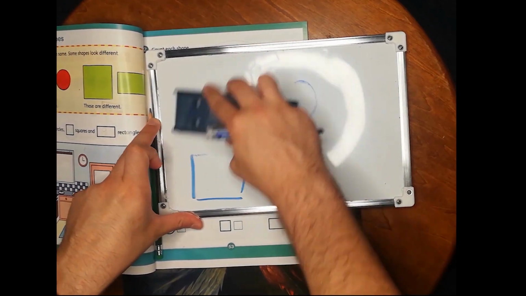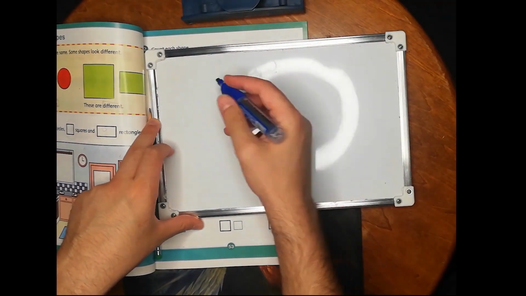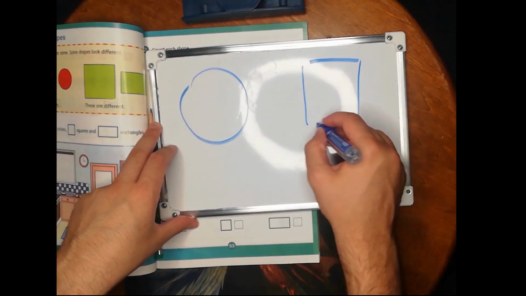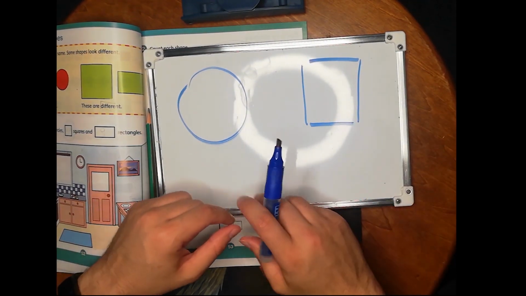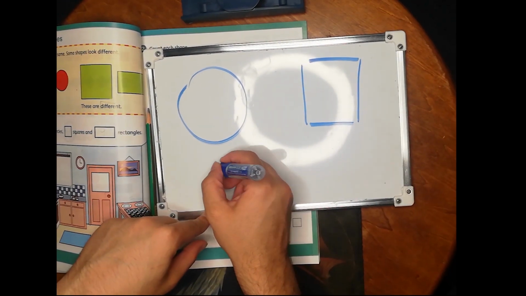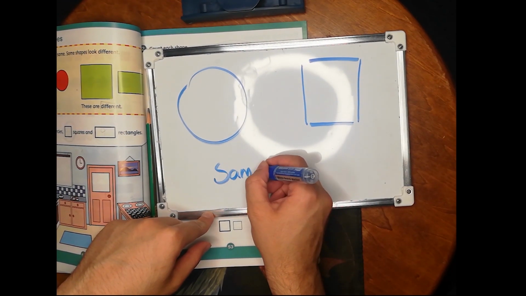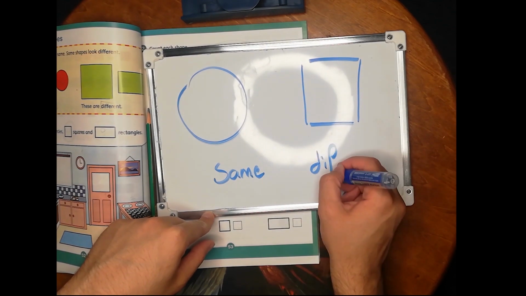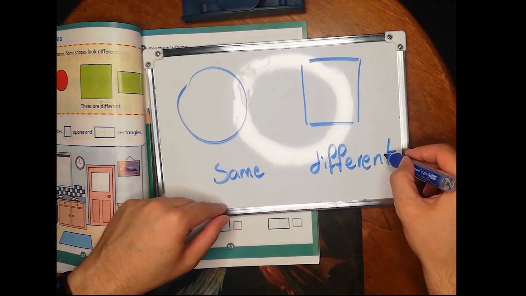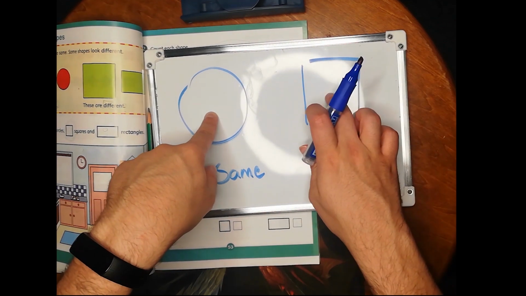Okay, so moving on from these, if we draw a circle and a square, are they the same or different? Circle and square, are they the same or different? Of course, this is a circle and this is a square.